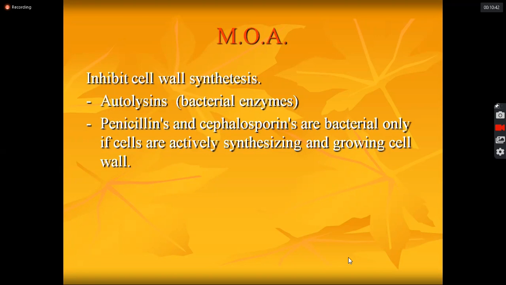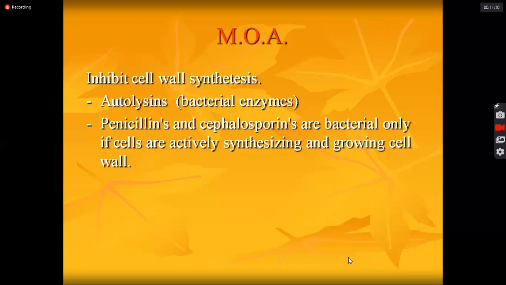So these drugs inhibit the transpeptidase enzyme, weakening the cell wall and hence bringing about the death of the bacteria. Penicillins and cephalosporins are bactericidal, killing the bacteria only if the cells are actively synthesizing and growing the cell wall.